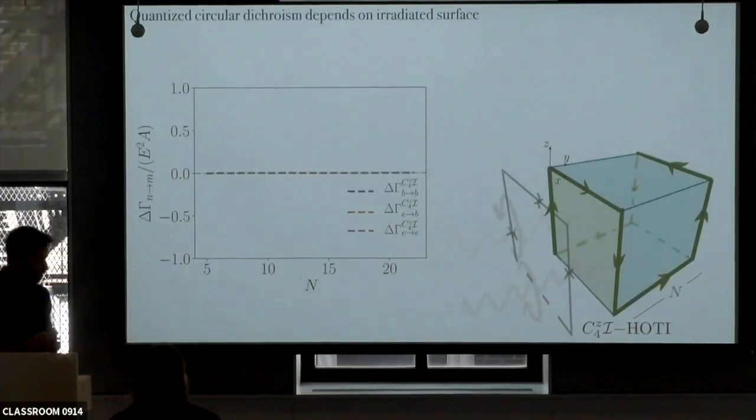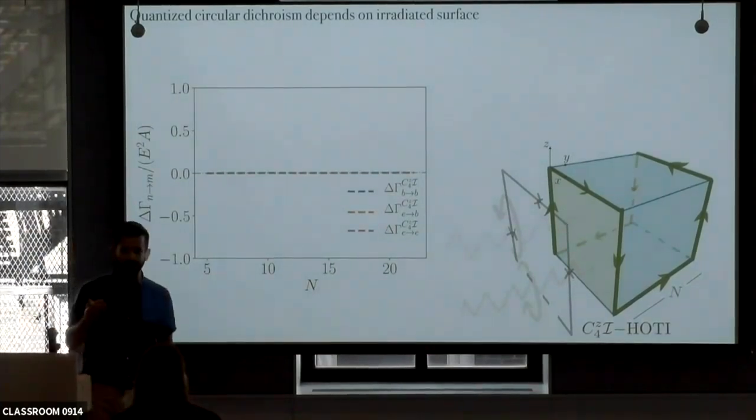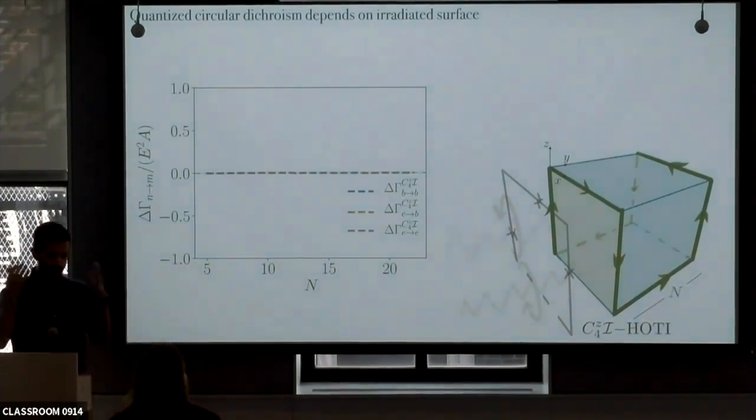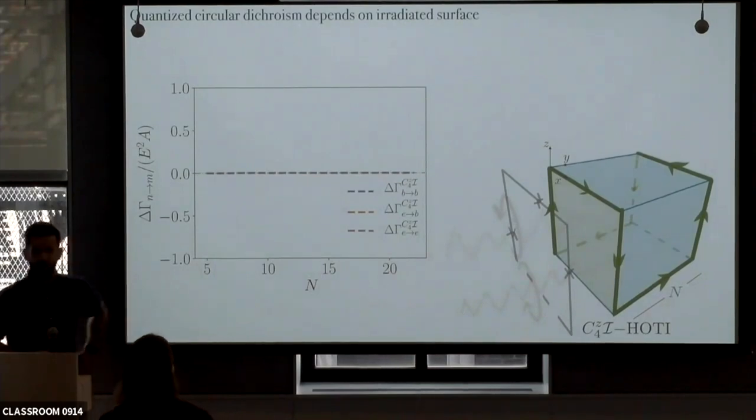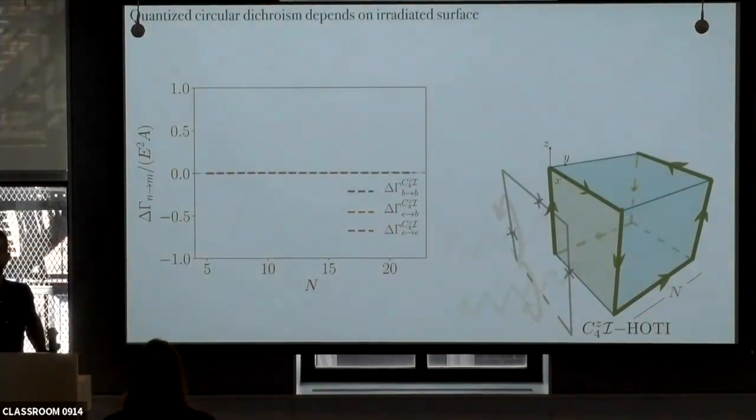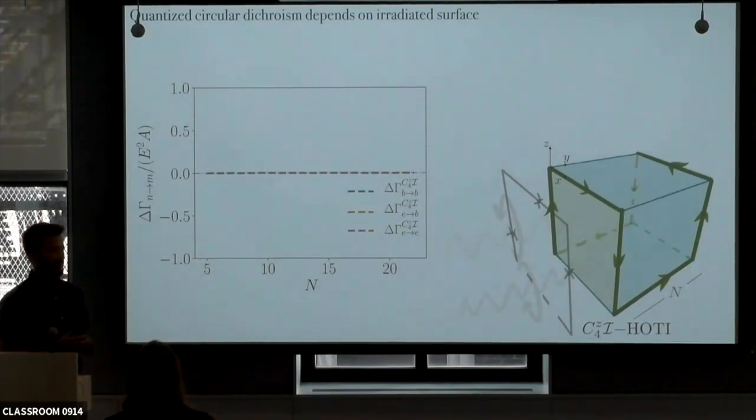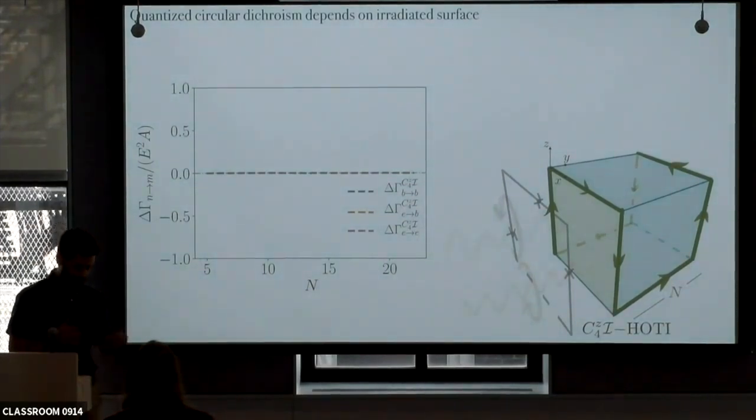Now, this is all very good, but I still haven't told you how to separate the bulk and the edge, because if you shine your whole sample, you'll get 0. So how do you do this? How do you get quantization? In principle, you could try to measure the bulk and say, well, the bulk is independent. If my sample is large enough, then the bulk would already be quantized. But the problem is that you have to integrate over all frequencies.